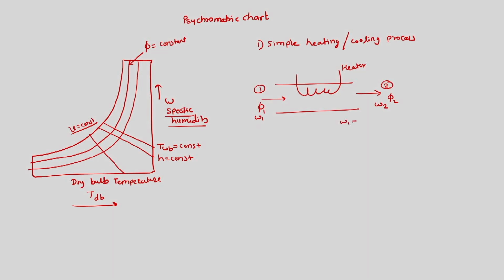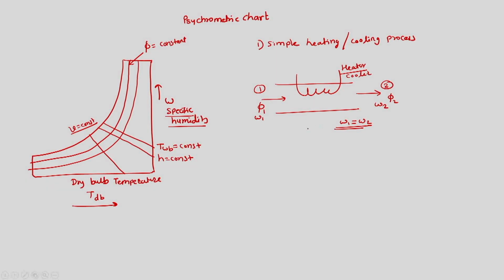Here omega 1 equals omega 2, since specific humidity does not change in this process. This is also true for the simple cooling process, where there will be a cooler or cooling coil.